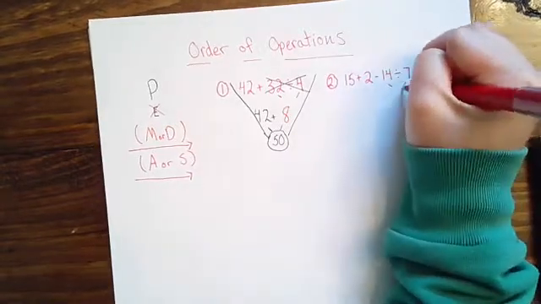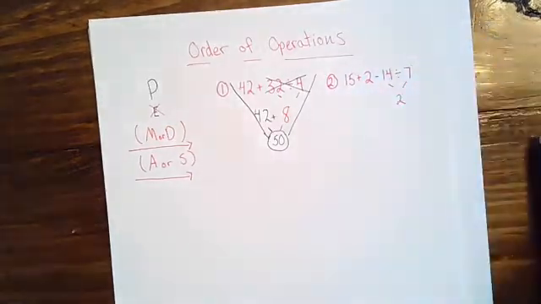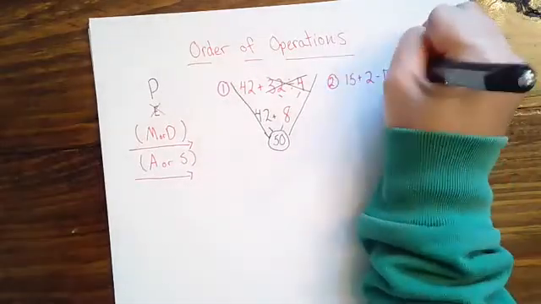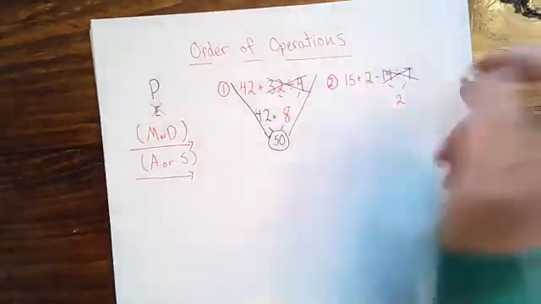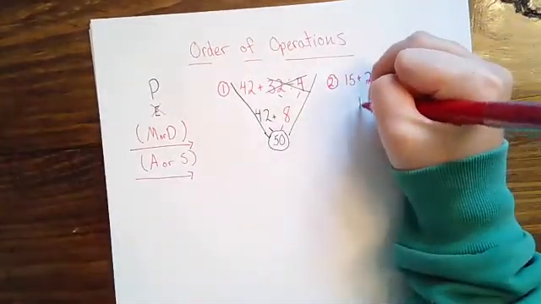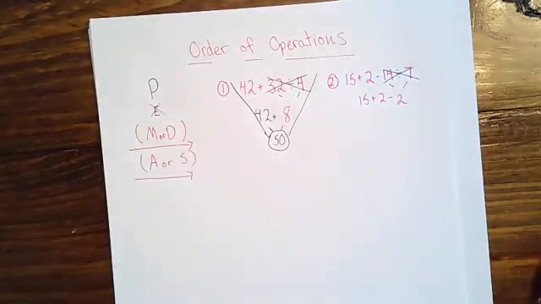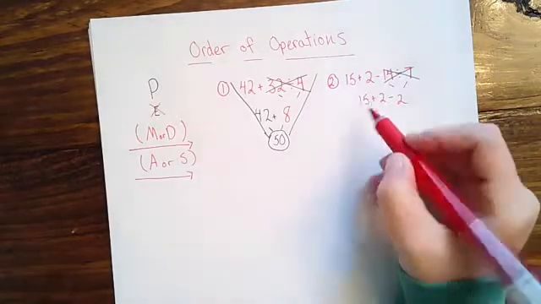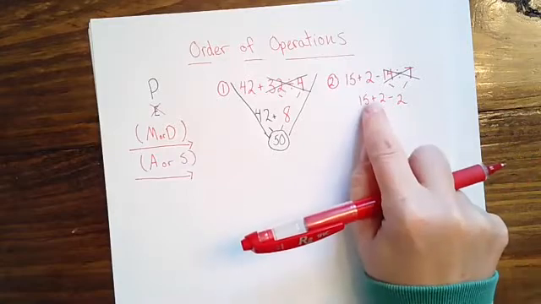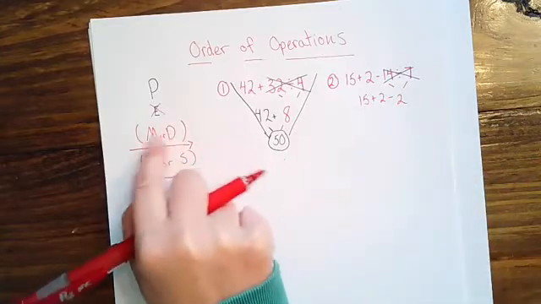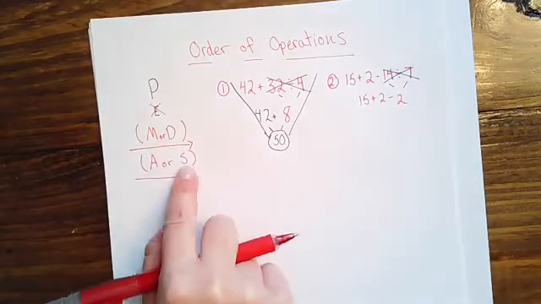So 14 divided by 7 is 2. And then, like I said, I like to cross that part off. Then add in the rest of the problem. The rest of the problem is 15 plus 2 minus 2. Then what comes next? Do the 15 plus the 2, because after multiplication and division is addition and subtraction.